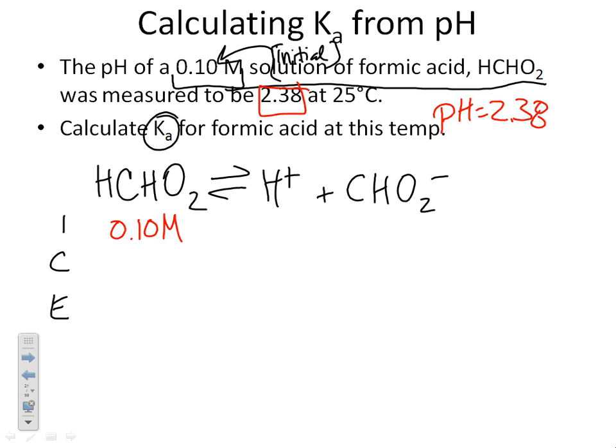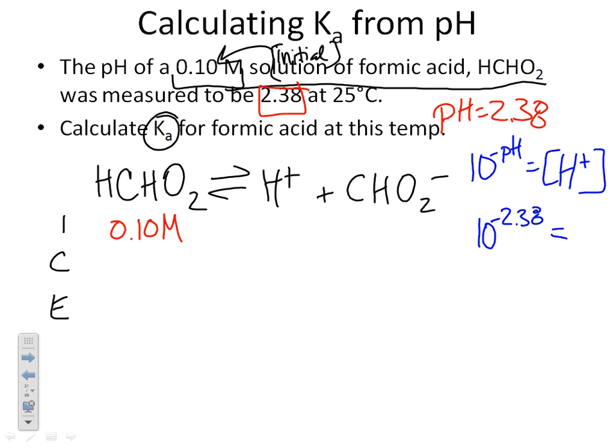Now, pH, by definition, is the negative log of the hydrogen ion concentration. So recall that if you do 10 to the negative pH, you get your hydrogen ion concentration, which is exactly what we're going to do here, 10 to the negative 2.38, to get our hydrogen ion concentration. I give you pH. Hey, look at this. We've got H plus that's in this reaction.